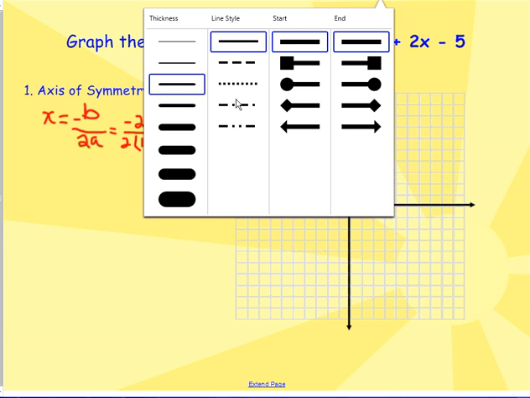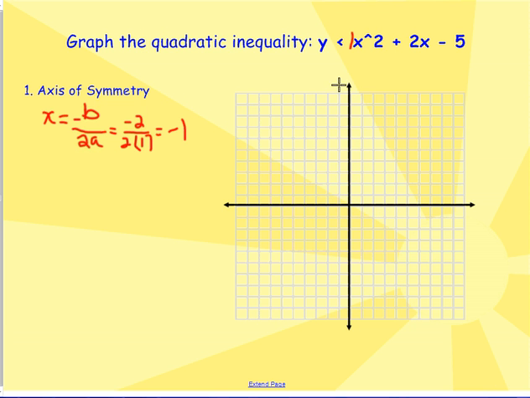So let me get a dotted line up here for you. My axis of symmetry is going to be just like that. My next step is to find the vertex. Well, I know what x is, negative 1, so I can just plug negative 1 into this equation and find my y. So in this case, I have negative 1 squared plus 2 times negative 1 minus 5.